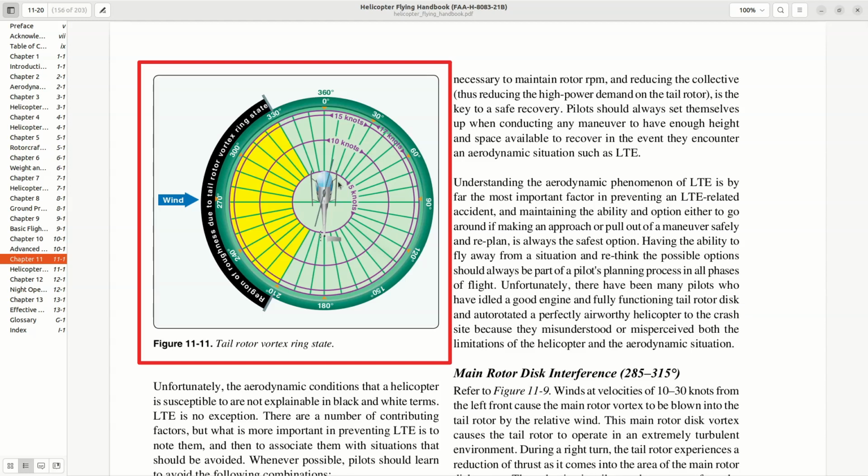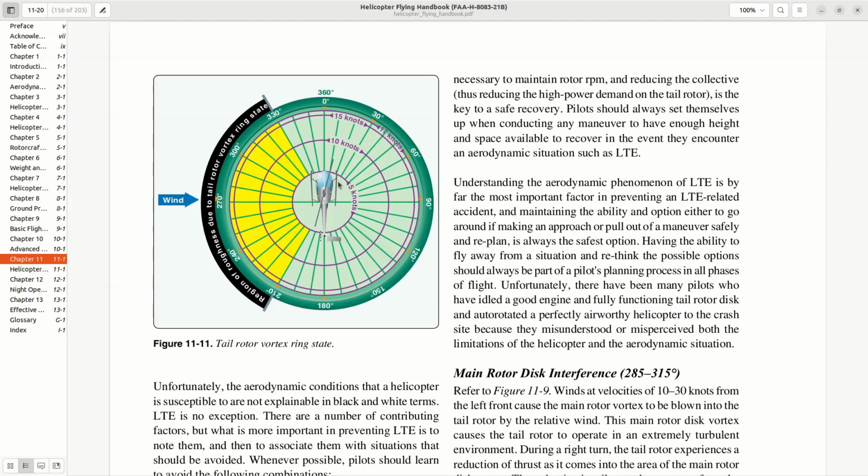We said, what is vortex ring state? Vortex ring state is when you're descending into your own turbulent wake, and you're essentially doing that. Your turbulence from the tail rotor is getting blown back into it because you have a strong wind from the left. So when you have strong winds in your helicopter, you can always have the possibility of LTE.